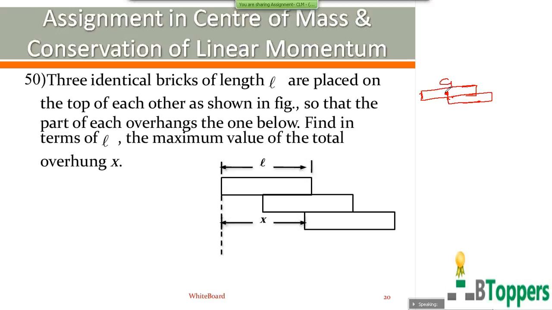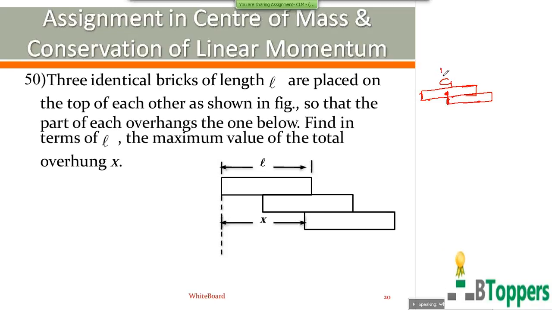So this top block will fall down below the middle block if the center of mass C1 of the top block is to the left side of this edge. So for the top block not to fall below the middle block, C1 should be to the right side of this edge of the middle block.